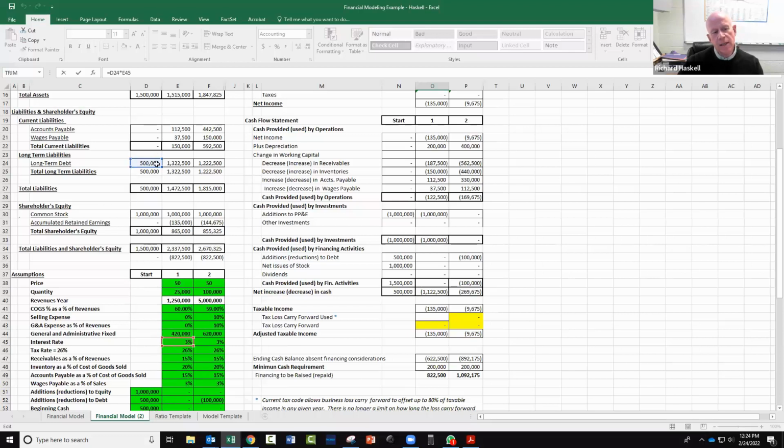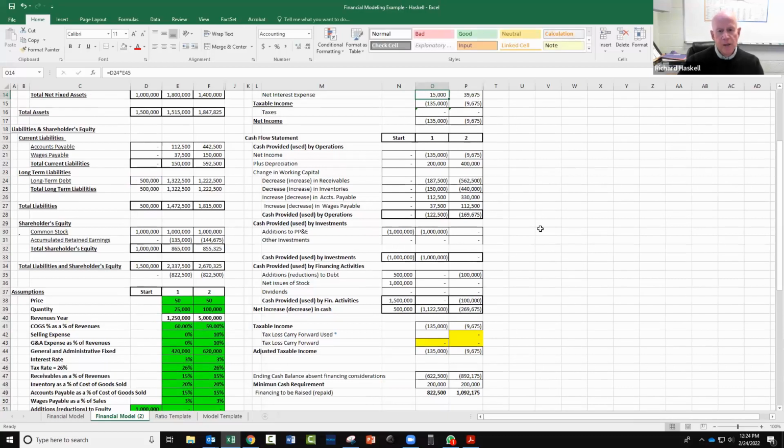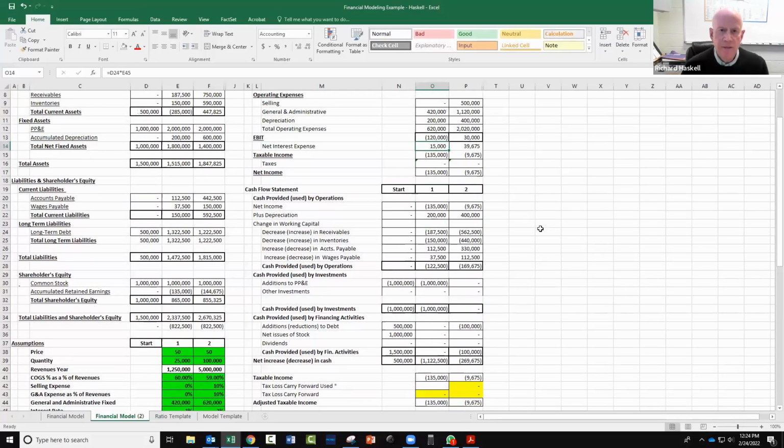So why did I take the debt from the prior period? Well, again, I have to make an assumption as to when I pick up new debt. So I'm assuming that I pick up new debt at the same point in time that I'm picking up the new capital equipment. So we're spending $1 million on capital equipment, and I'm assuming that we need to raise $500,000 to do it. Those are happening both at the end of the year.